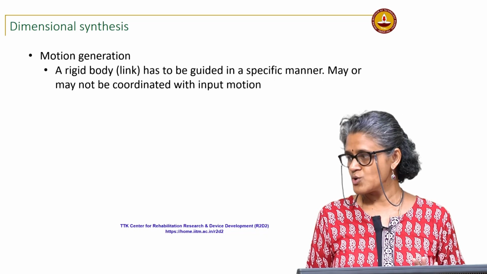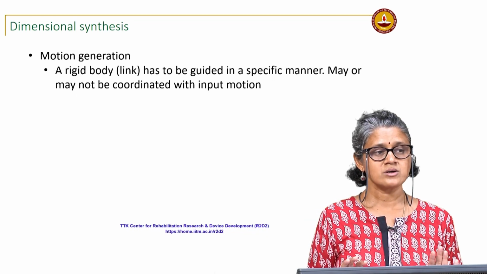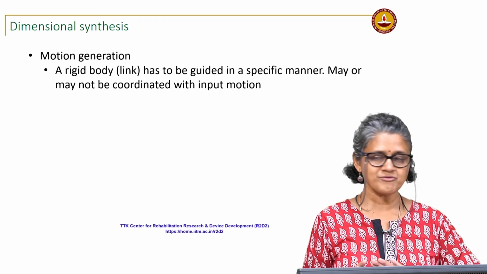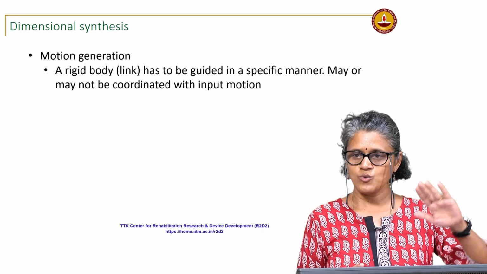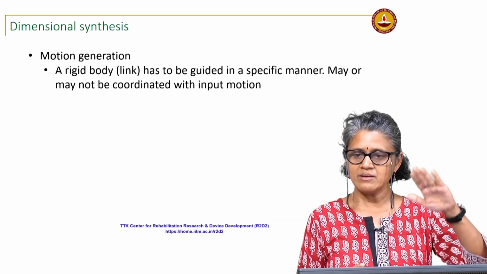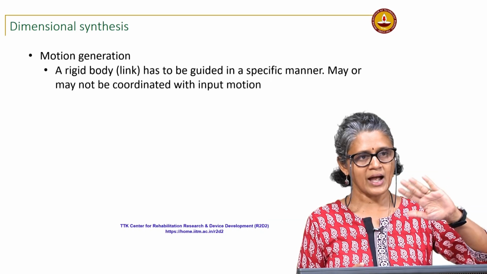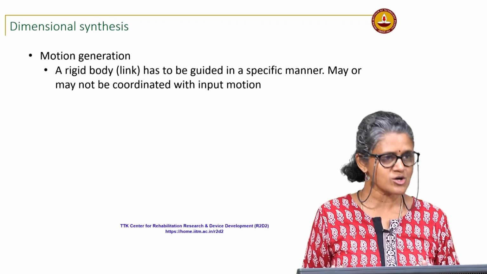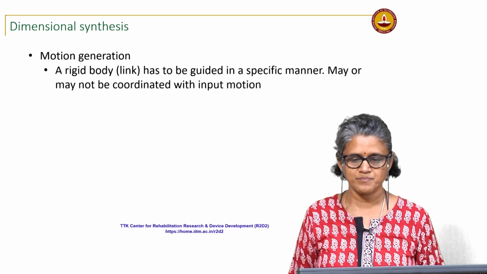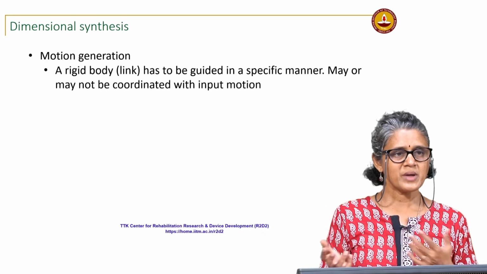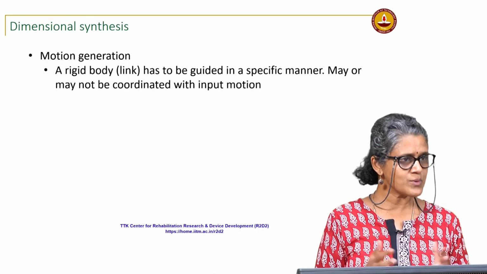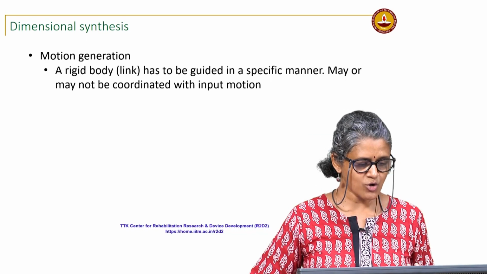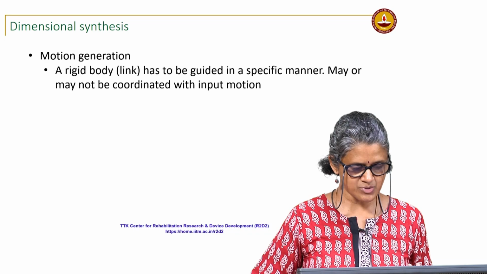Here we are talking about both the position and orientation of that rigid body. You want the rigid body in the plane located at a certain point and oriented in a certain way, and you want it to go through a series of those positions, and you may or may not want to coordinate it with the input motion. So, these types of problems are called motion generation problems.